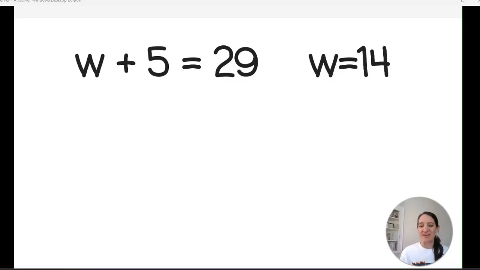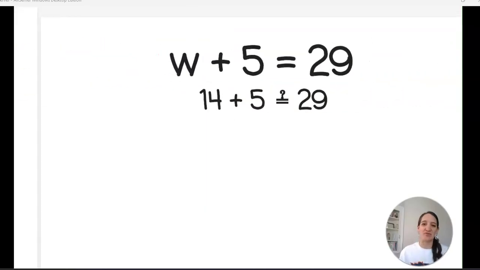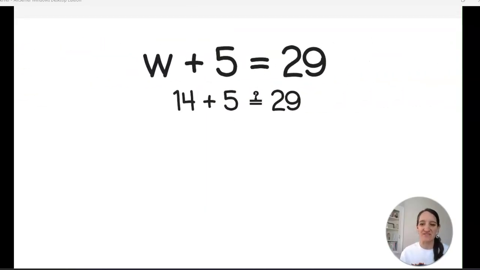For example, is w equals 14 a solution to this equation? Well, what we're going to do is substitute the w in for 14 and see if it actually does end up being equal to 29. So here we have 14 plus 5, and I did a cool little equal sign with a question mark because I haven't actually done the work yet, but we're going to see if it is equal to 29.